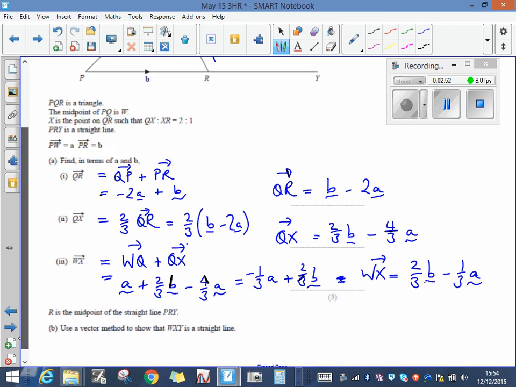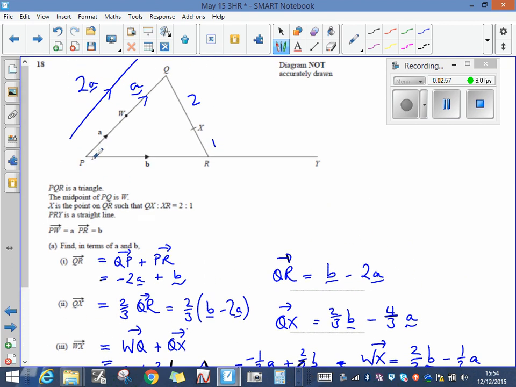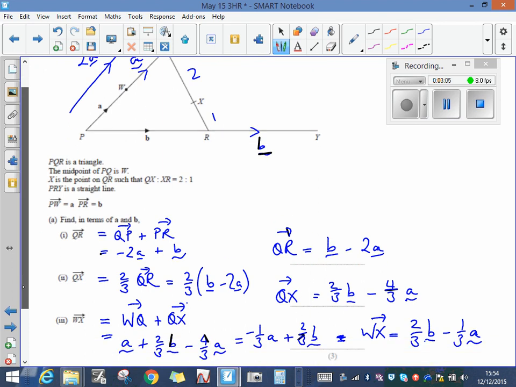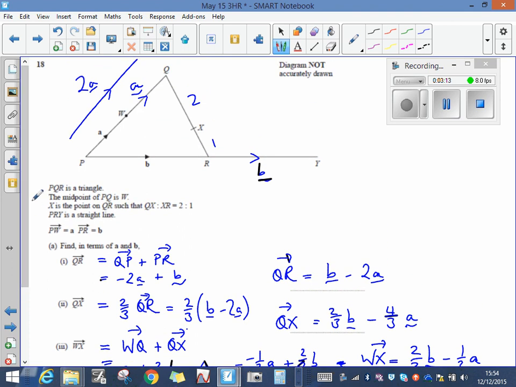Okay, so the next thing I'm told is that R is the midpoint of the straight line PRY. So this is the vector B, and because R is the midpoint of PY, then this bit here from R to Y must also be the vector B. And the question says use a vector method to show that WXY is a straight line. Well, let's have a look at the diagram.